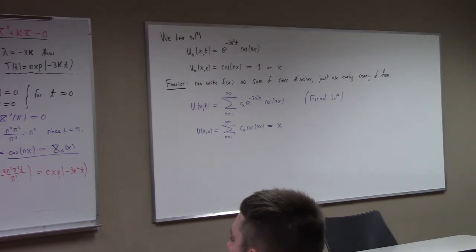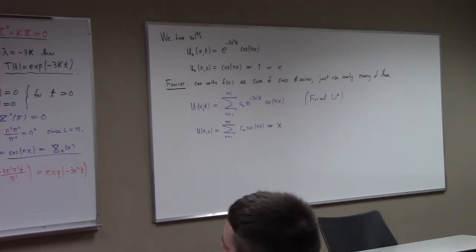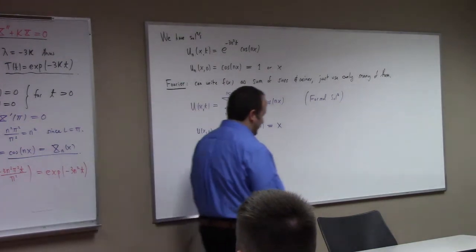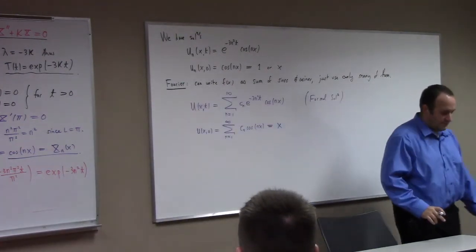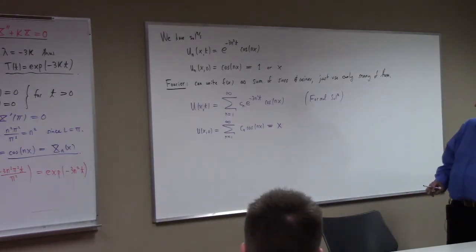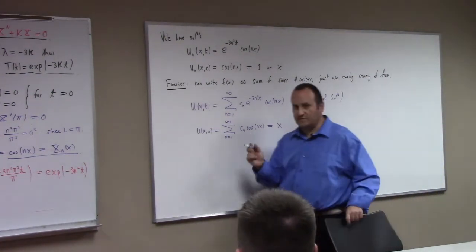And as such is not an interesting problem. So putting x here is more interesting. Although it makes me nervous for some reason. All right. Okay. So then what? How do you figure out what c_n is?